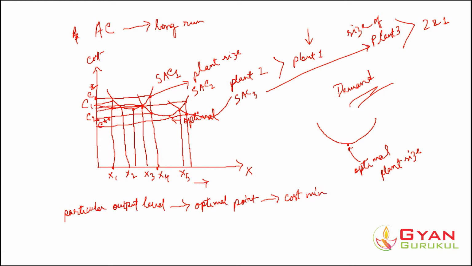The long run cost curve is nothing but the locus of all the points which represent the least or minimum cost for producing the corresponding level of output. Let me say it again. The long run average cost curve is the locus of all the points which represent the minimum cost for producing the corresponding level of output, right?